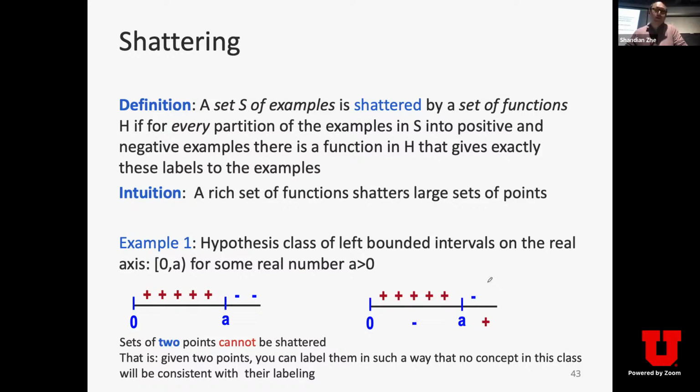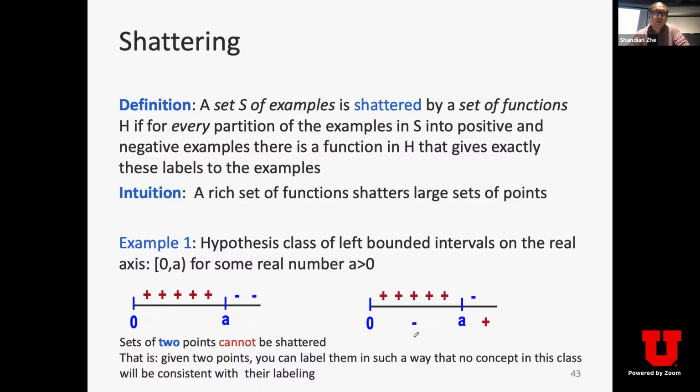If we can find a counterexample, some particular labeling over these 2 points such that no left bounded interval gives a correct prediction of the labels, then we can claim the hypothesis space is not expressive enough to shatter 2 points.